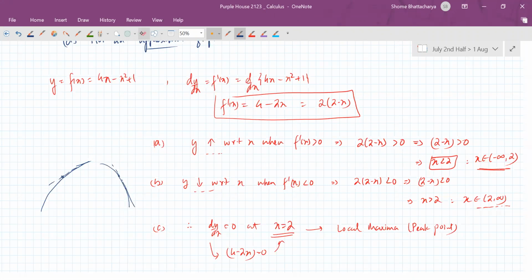Yes, sir. Understood, no? So the moment we understand that for certain values of x, f prime x is positive, we understand that definitely for those values of x, what is happening? y is increasing. It cannot be decreasing, because the slope of the tangent is positive. So, sir, they will give like slope of the tangent is positive or negative. That is the same thing as saying f prime x is positive or negative.